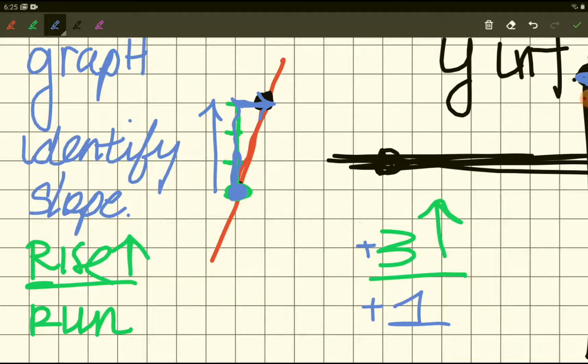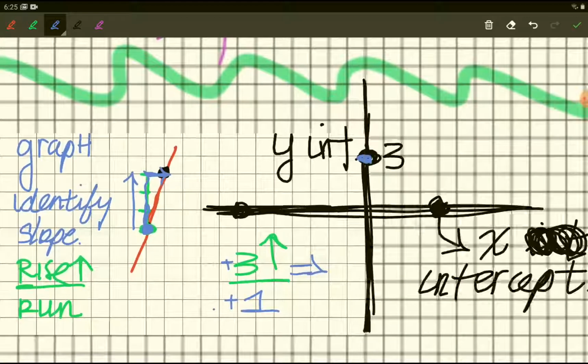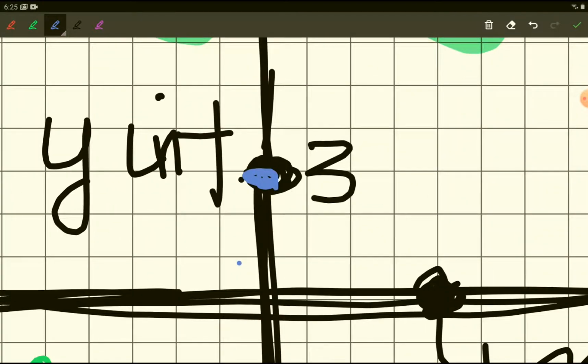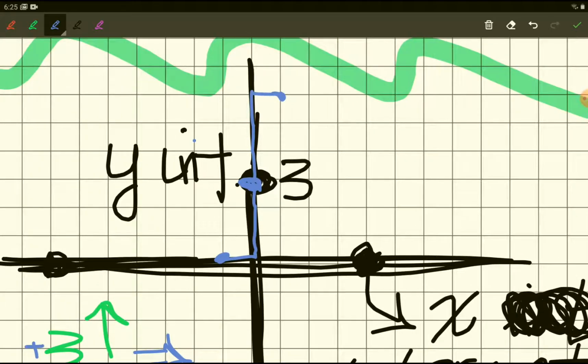And so my slope, in simplified form, of this line is positive 3. And then wherever it hits, notice how I'm doing that.